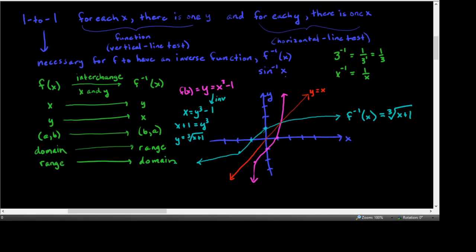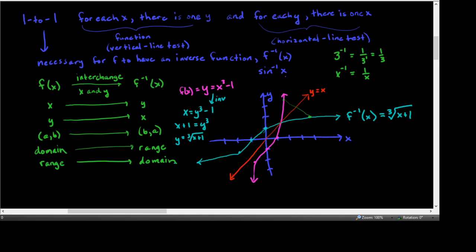Okay, now back to the line y equals x. If you had a better drawing, it would be clearer. I can tell that mine was a little bit off. But nevertheless, taking it for what it is, if you look at the graph of a function or its inverse, if you reflect the one you're looking at over the line y equals x, you'll get the other graph. So for every point on our original curve, it has a point on the other side of the y equals x line.